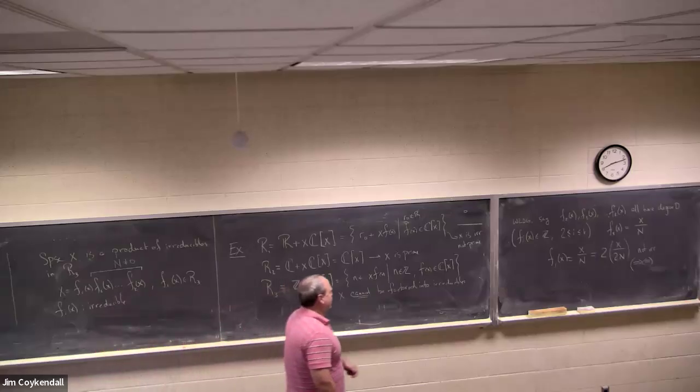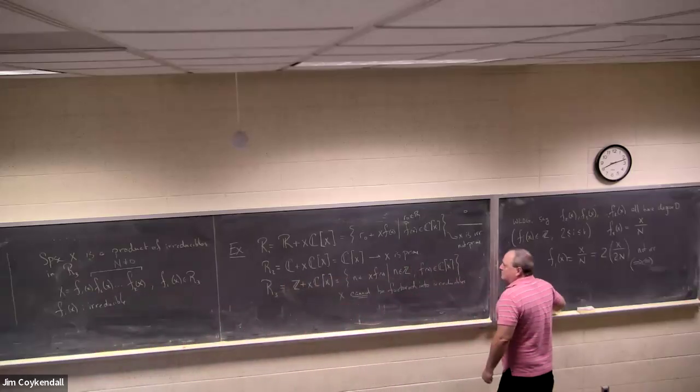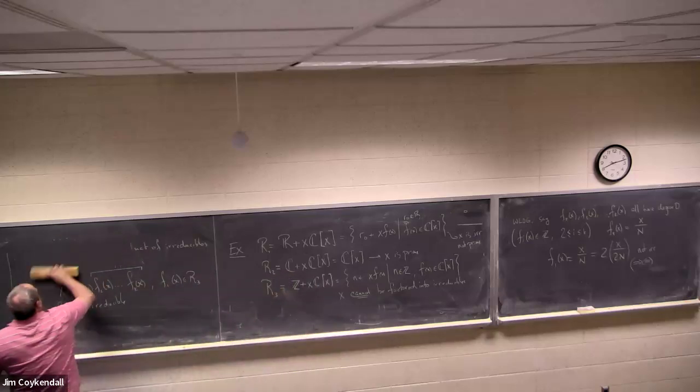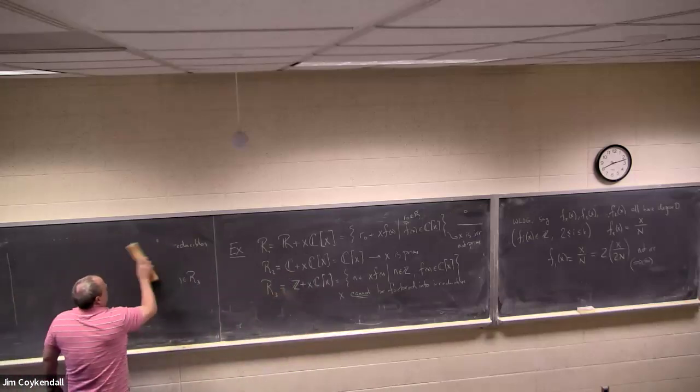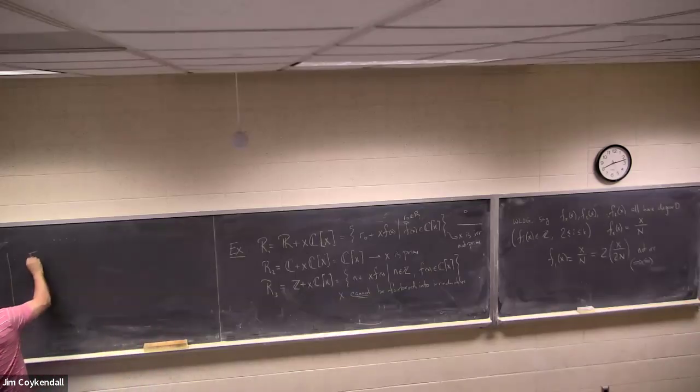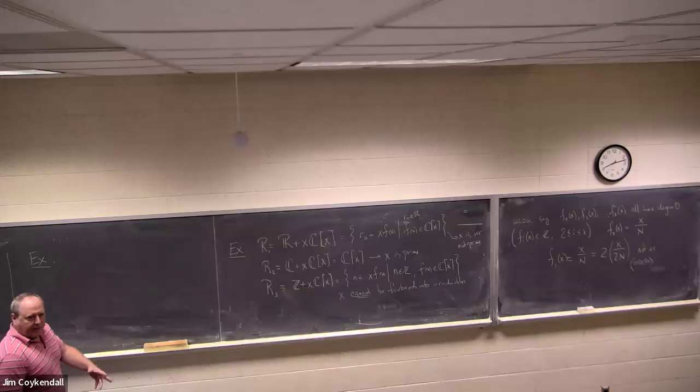I'll give you a couple of examples that are a little bit different. Actually, the problem with this example here is that it's not clear it is a ring, but we're going to actually learn that it is.